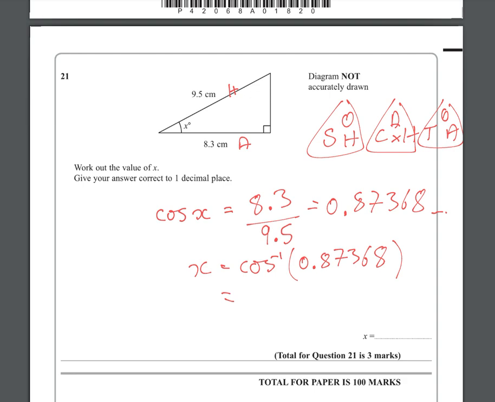Your calculator is in degrees mode, and it should come out with 29.1 degrees to one decimal place.